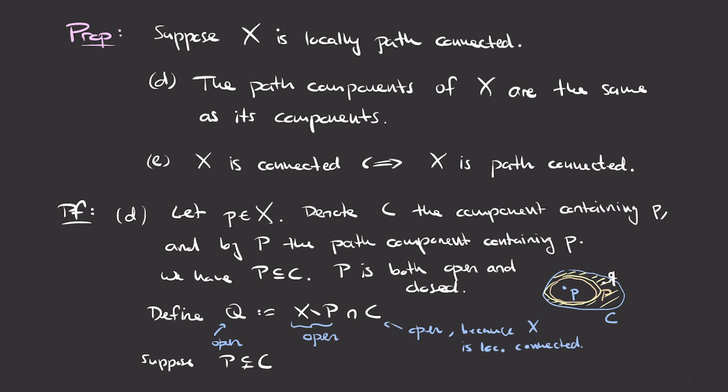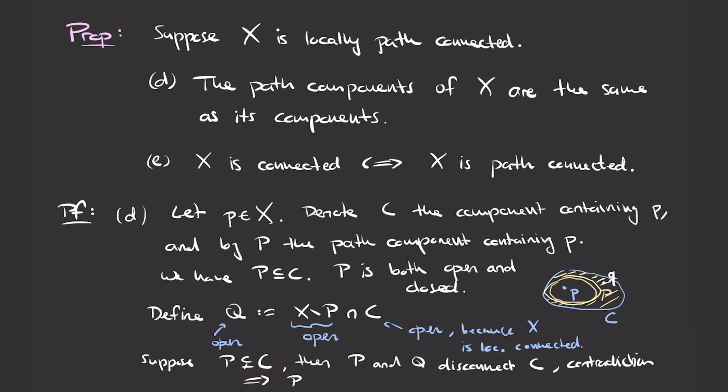So if P is a proper subset of the component C, then P and Q disconnect the component C, which is a contradiction, since components are connected. This contradiction means that our assumption that P is properly contained in C must be false.